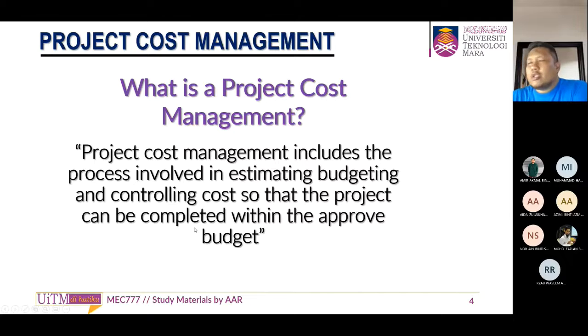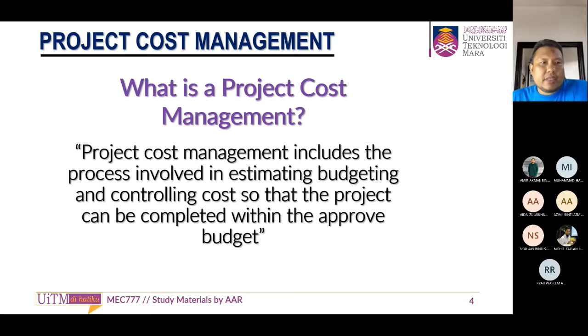So what is project cost management? By definition, project cost management includes the processes involved in estimating, budgeting, and controlling costs so that the project can be completed within the approved budget.